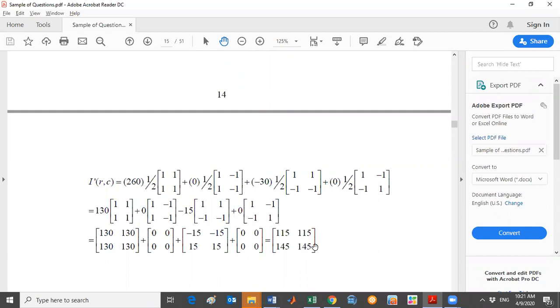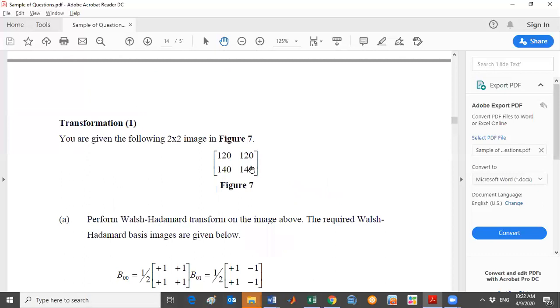So now if you compare the original image, so what is the difference now? From the bright to the dark or dark to bright, the difference? How much? 30, right? Yes. Okay, difference 30. Original image, what is the difference? 20. So you increase the difference.